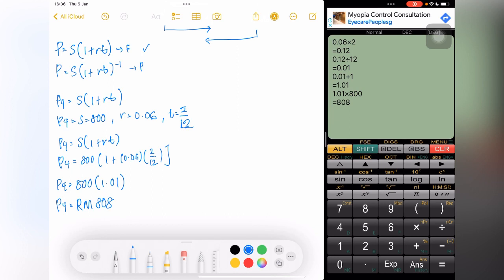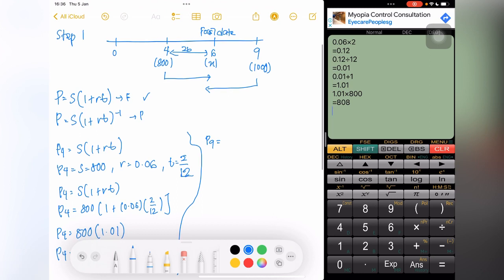So kita gerak ke P9. Okey, P9 ni kita kena guna formula ni tau. Sebab apa? Sebab dari 9 nak ke 6 adalah 3 bulan. Dari 9 nak ke 6 dia ke belakang.